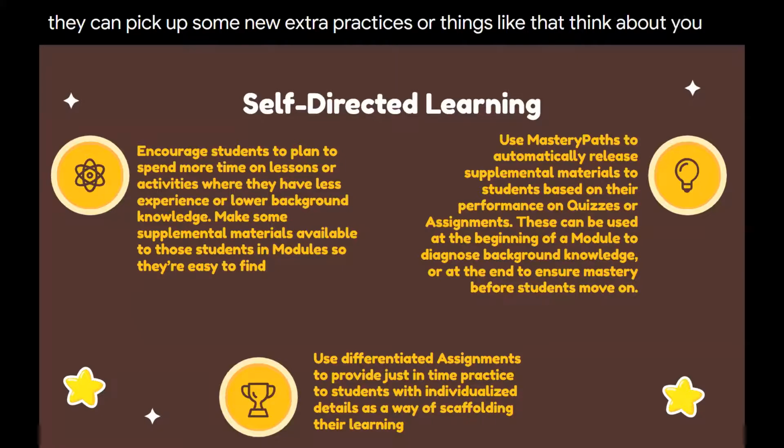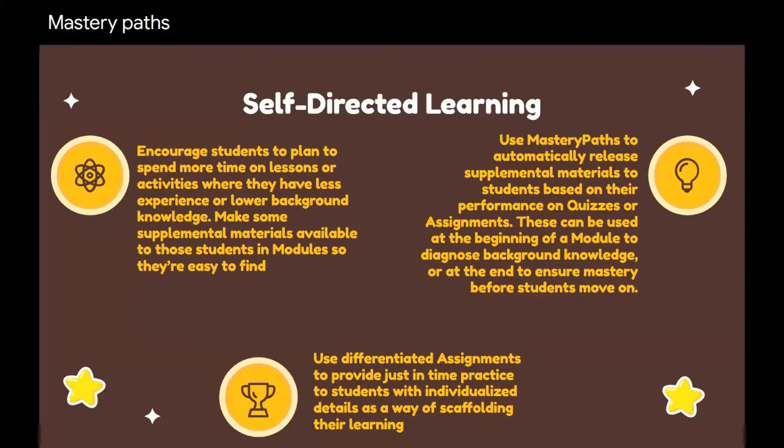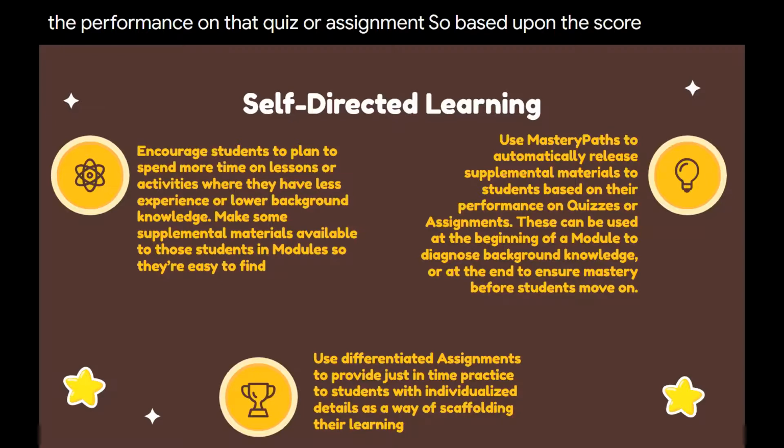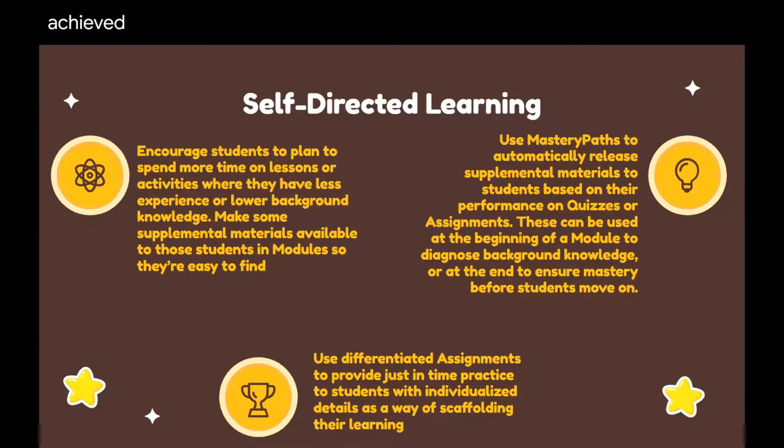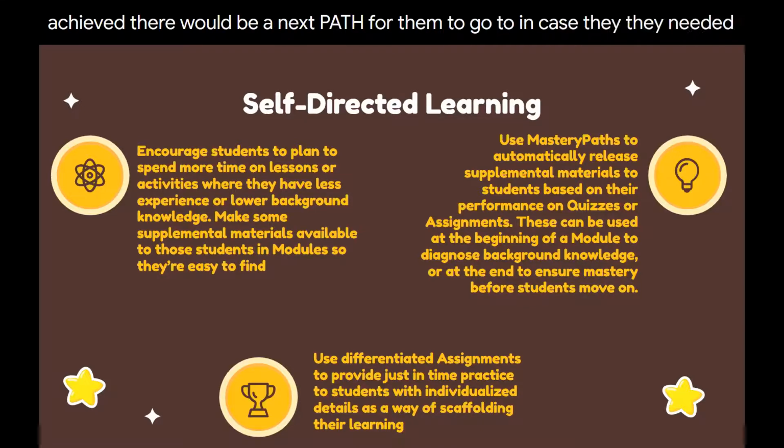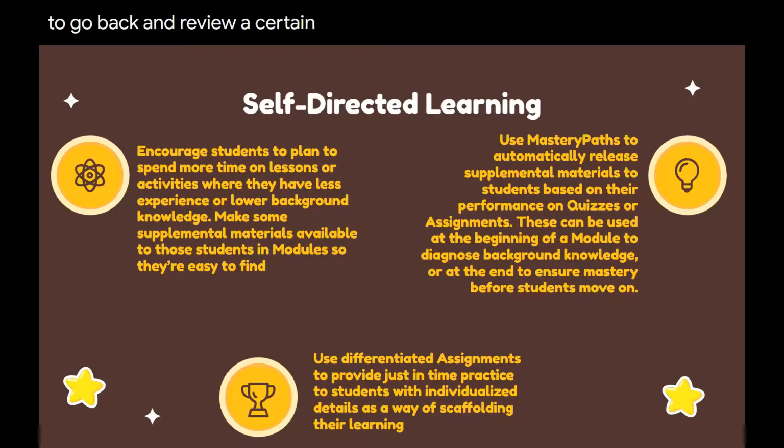Think about using mastery paths to automatically release those supplemental materials based on the performance on that quiz or assignment. So based upon the score that they achieved, there would be a next path for them to go to in case they needed to go back and review a certain part or certain topic.